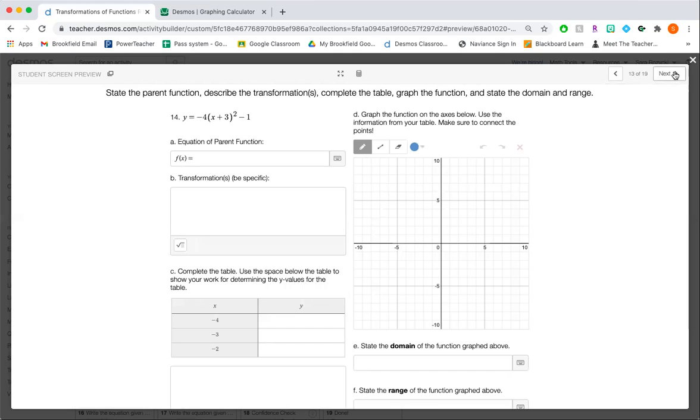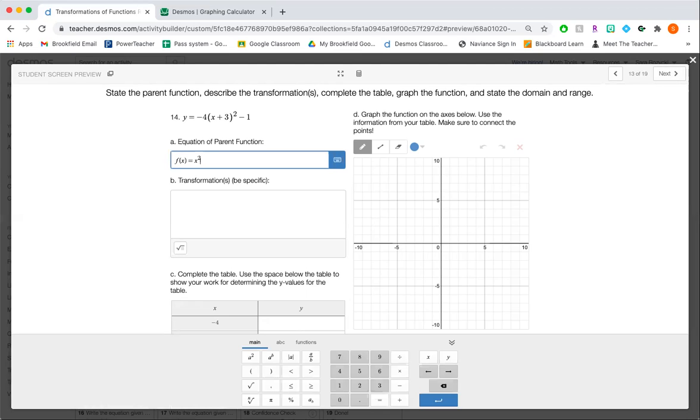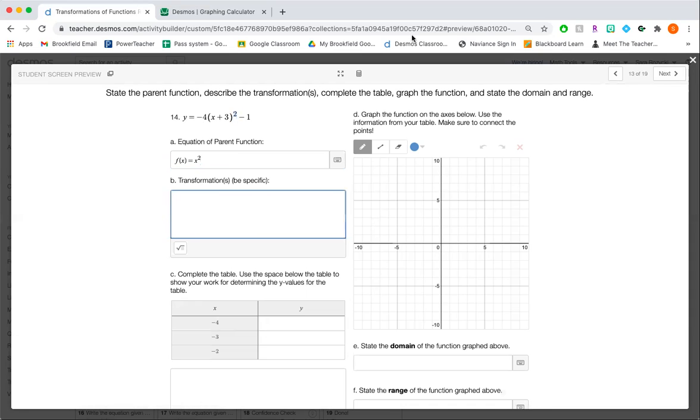All right, so now we are going to do similar stuff, but we're going to add a graph onto this. So my parent function is x squared because it's quadratic. There's a squared here. Transformations, there's a bunch. So there is a negative out in front here. That's going to be my reflection over the x-axis, which means the graph should be upside down.